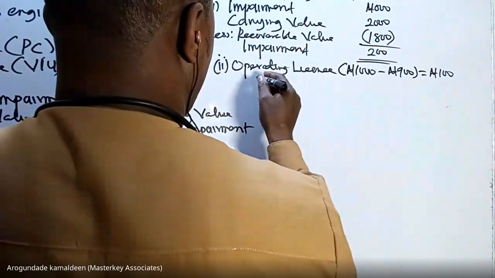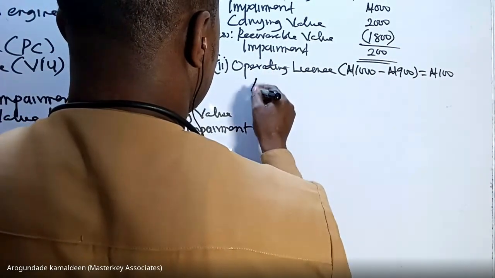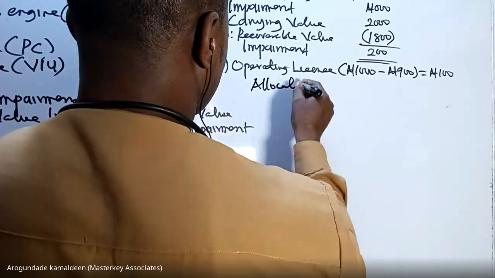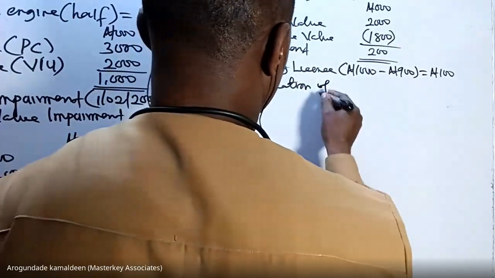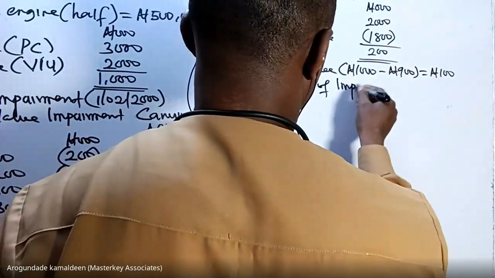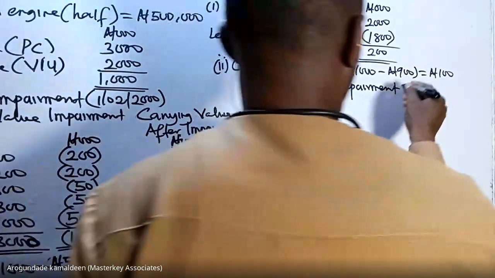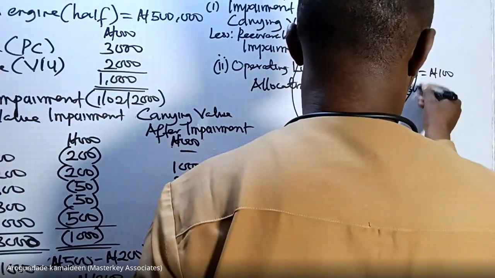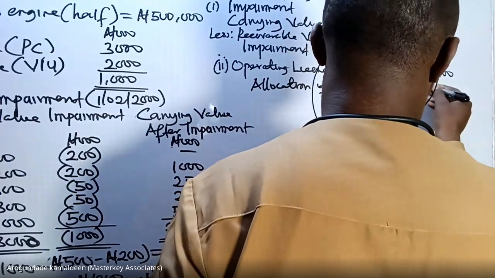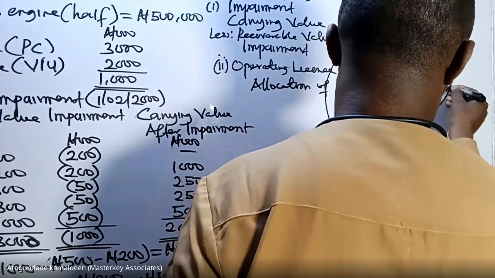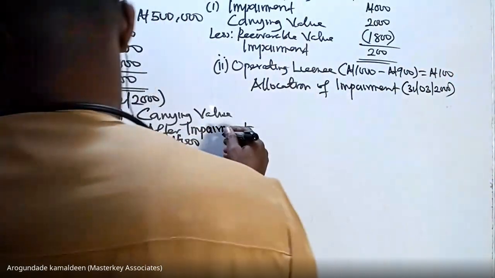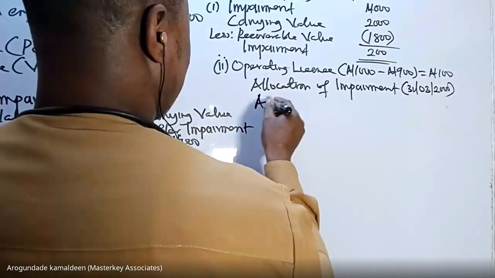So allocation now of impairment. On the 31st, okay. You have the asset here.